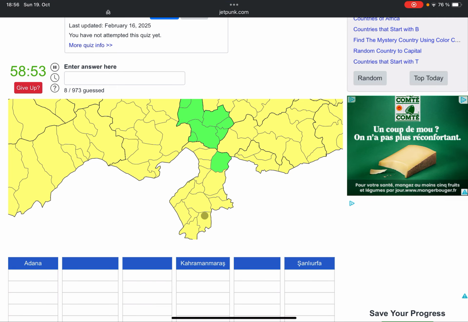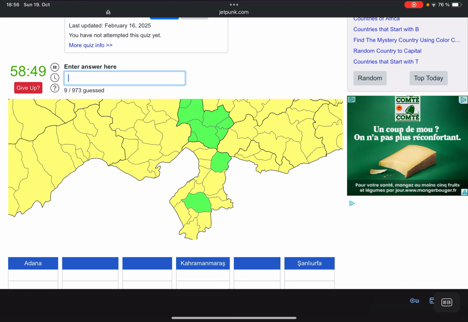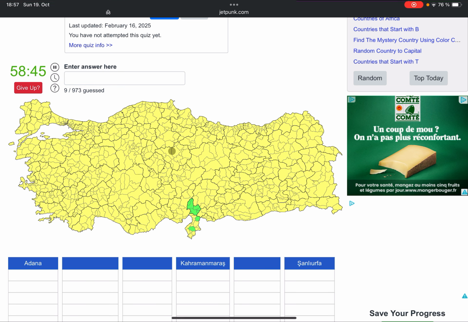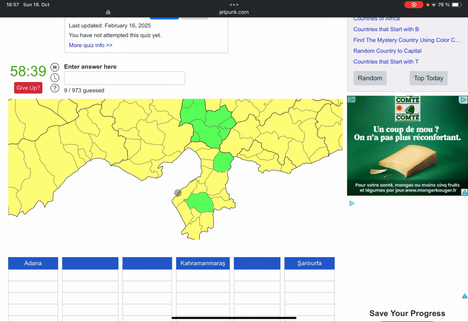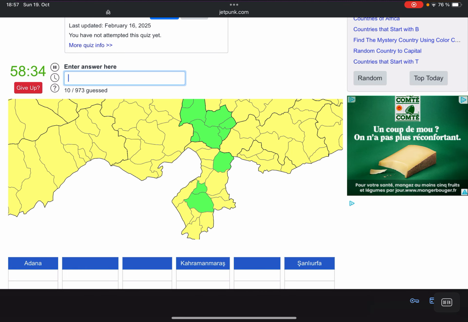So the capital of Hatay is called Antakya, and the only other two where this is the case are gonna be Kocaeli and Sakarya, which we're gonna get to a little bit later. So continuing here, we have Belen, İskenderun, Arsus, Samandağ.